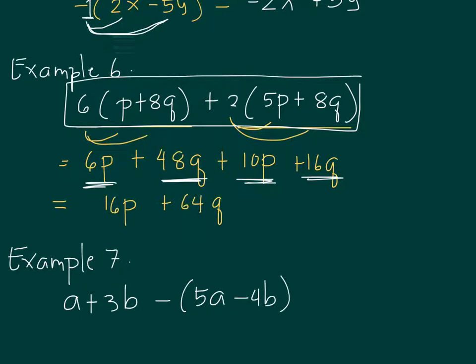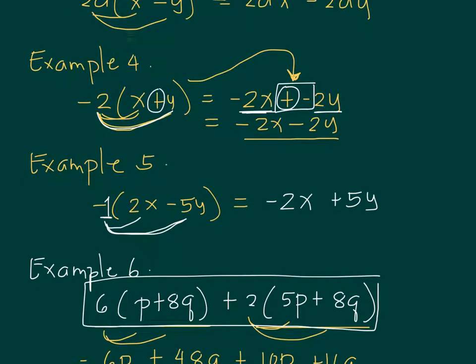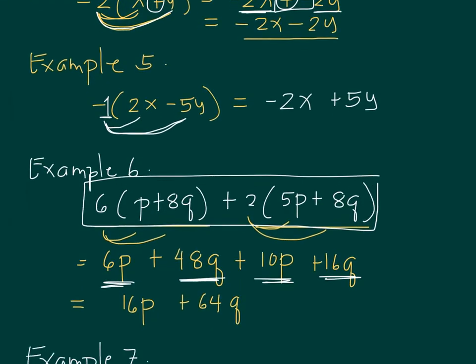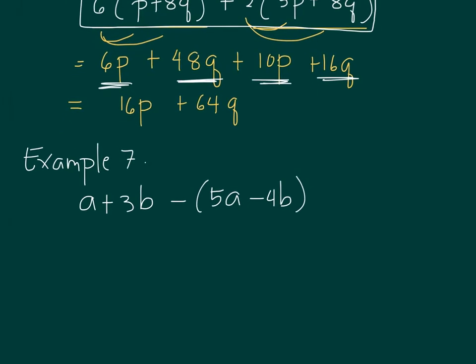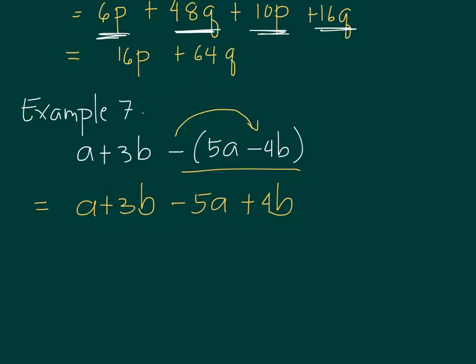So this is like example 5 or example 4, in which you are involved with a minus sign before the parenthesis. So how do we apply the distributive law? We have a plus 3b will be the same, but this one will turn into minus 5a plus 4b. So notice how we apply the minus sign and it changes the minus 4b into a plus 4b.